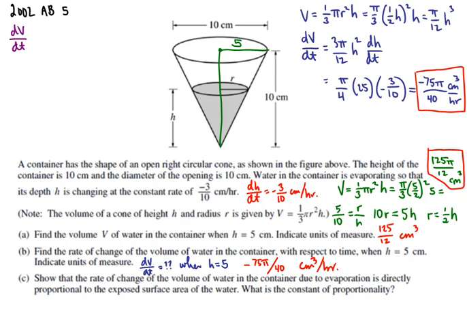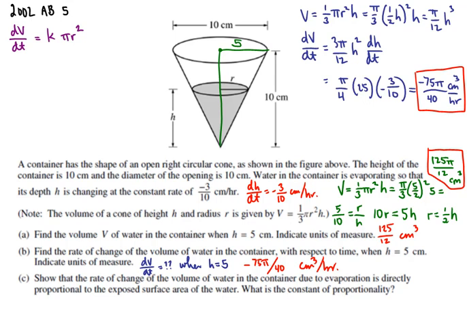So to be directly proportional, y is proportional to x, we say y is equal to kx. We're going to say dV/dt is equal to k times pi r squared. And that should be referring to the moment when the height is 5. So when the height is 5, the radius will be 5/2.